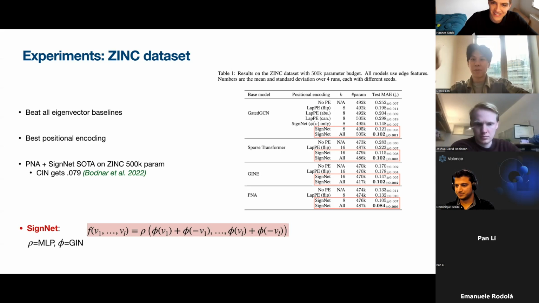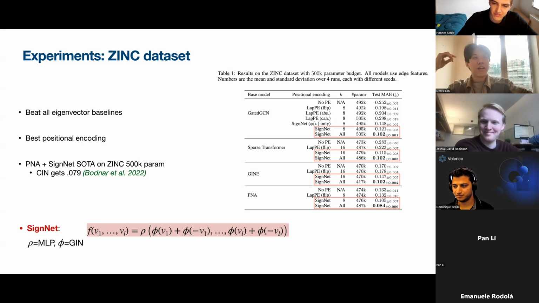Basically we beat all these eigenvector baselines. It's not in this table, but if you compare against other positional encodings, we beat them too, on ZINC 500K.